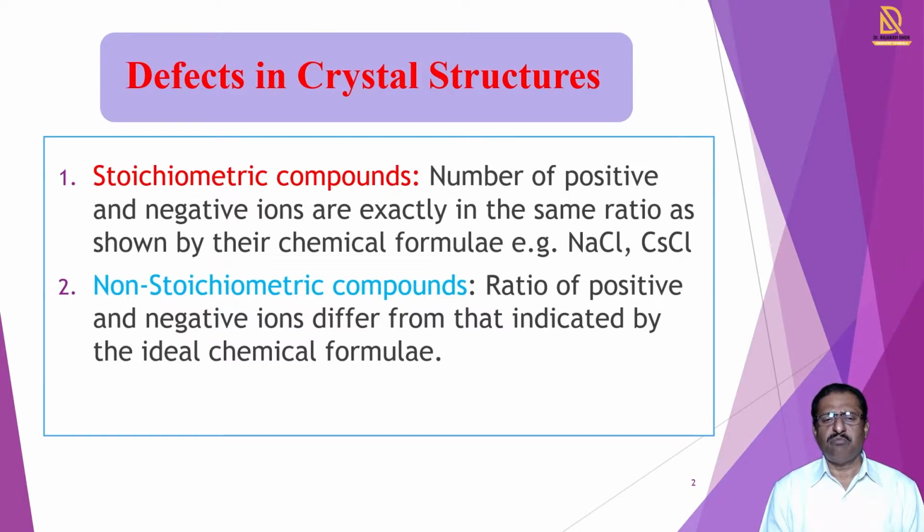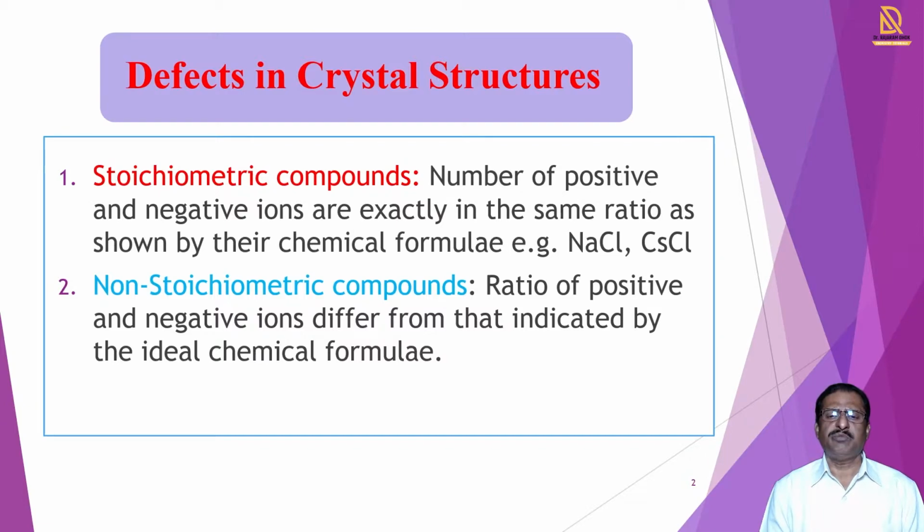When the number of positive and negative ions is exactly the same as the ratio shown by their chemical formula, that is called a stoichiometric compound.